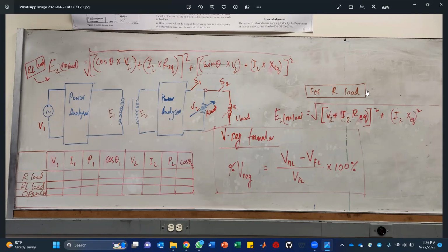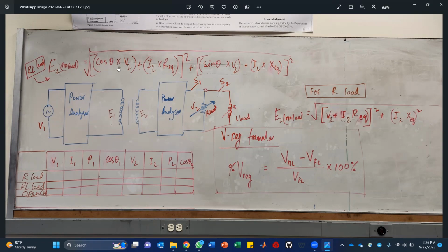That is the R equivalent and X equivalent of this transformer that we are going to test to measure our voltage regulation. So if we use that information and put it in this circuit, we can calculate E2 for R load. And we're going to do the same for RL load, and this is the equation.